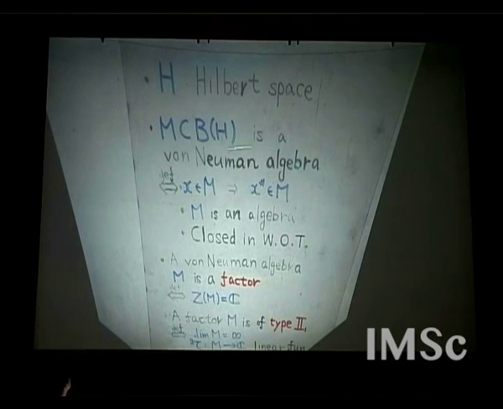First of all, it's closed under the star operation, where X* is the adjoint operator of X. M is an algebra under the natural operations of addition and multiplication and so on. And it is closed in the weak operator topology. So this is the definition of a von Neumann algebra.